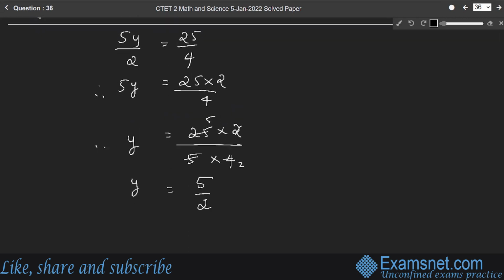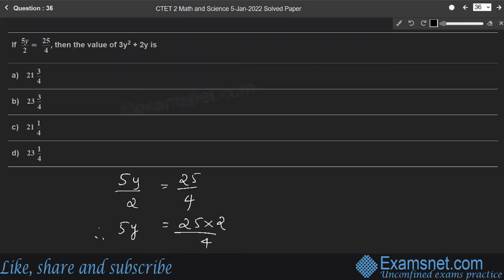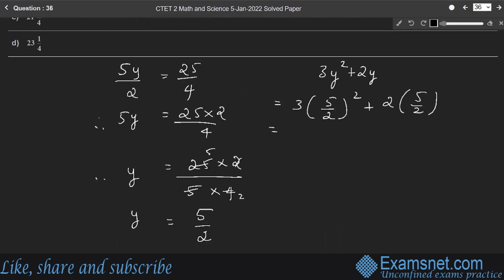Therefore, 3y square plus 2y is equal to 3 into 5 by 2 whole square plus 2 into 5 by 2, which is 3 into 25 by 4 plus 5.